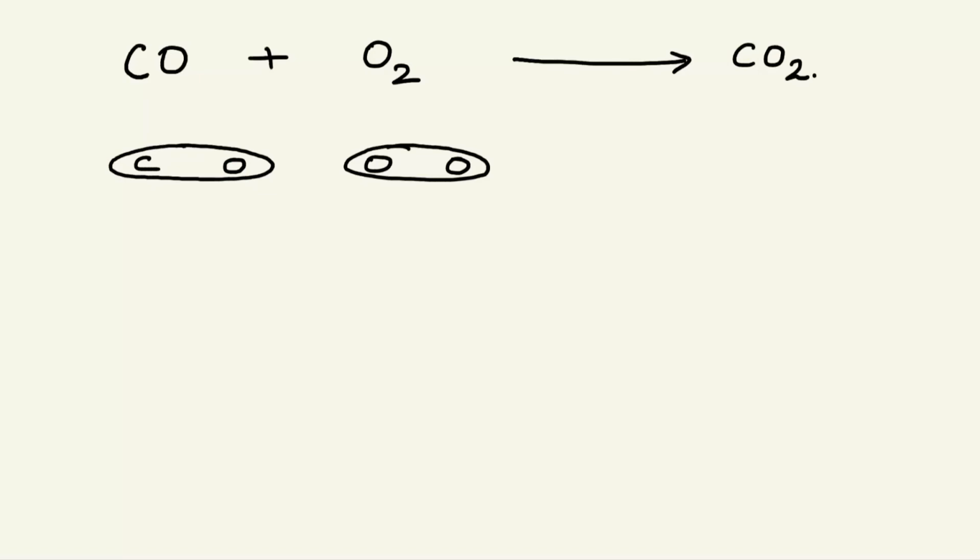So what is happening over here is the oxygen has a slight negative end, whereas here also, if the oxygen is approaching the oxygen, what will happen? Are they going to like each other's presence? No way.